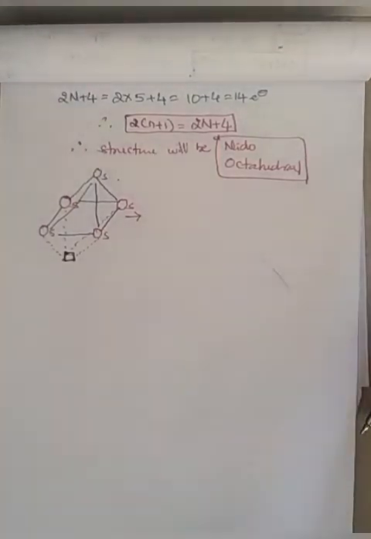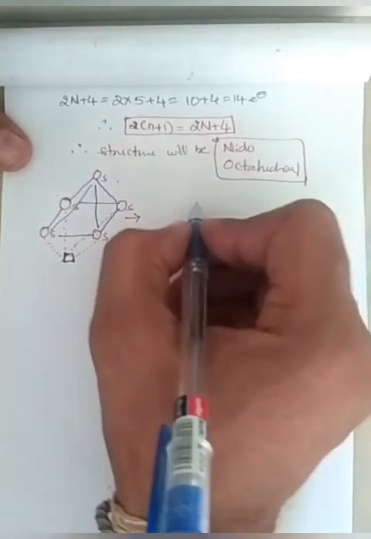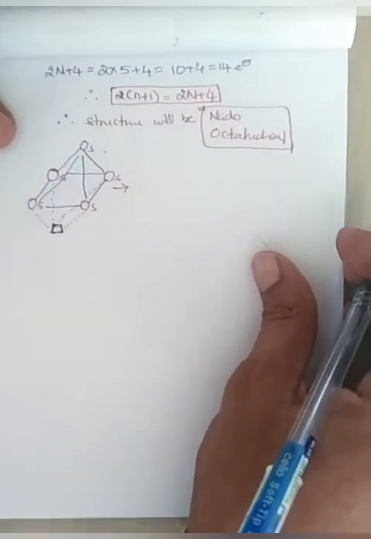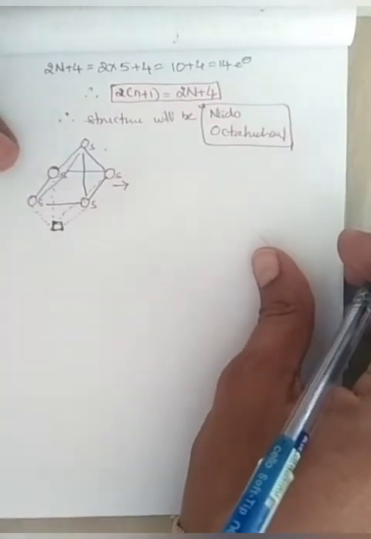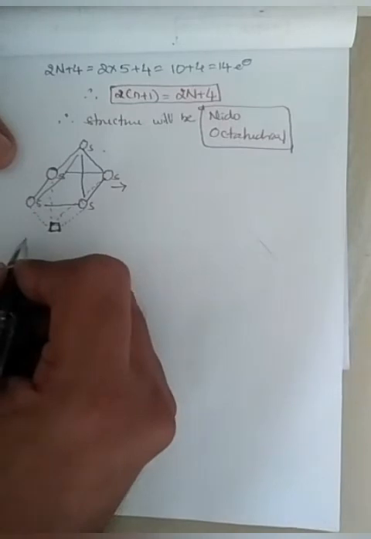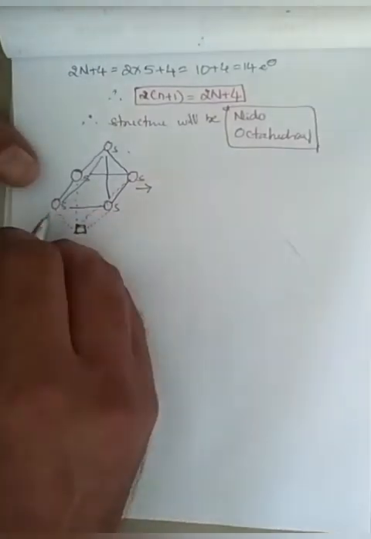So you students can calculate the structure of different complexes. Here I will give you some of them. You try to do it and give your answer. The final structure you can give in the comments of YouTube, or you can give your answer in the WhatsApp group.